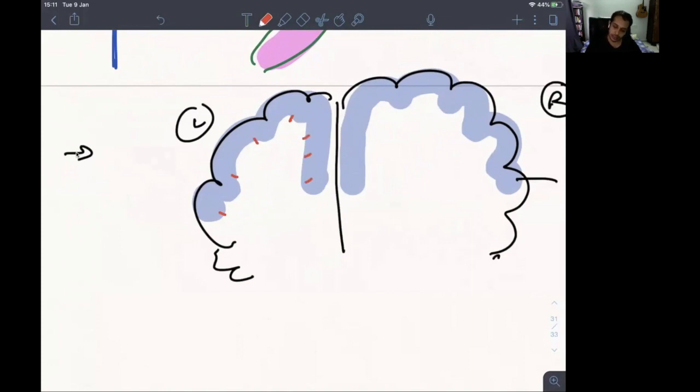The outside lateral part of the motor cortex supplies the mouth, the hands, the face, then the arms, then the trunk, and then the medial part will supply the legs. And this is true for both sides.